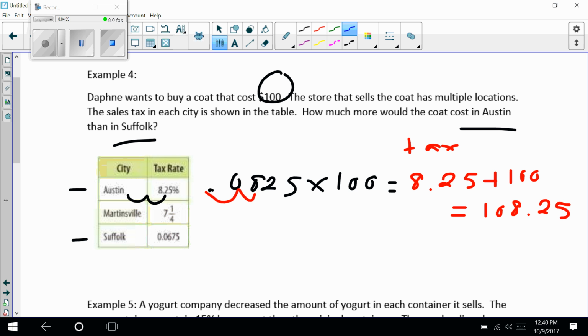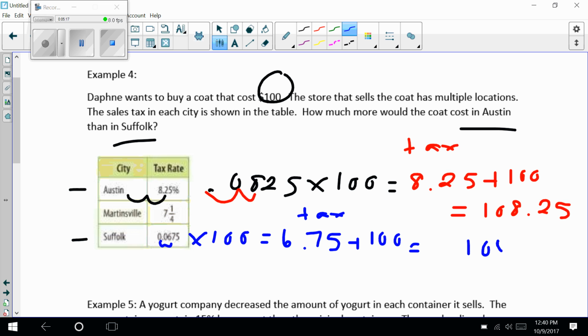Okay? So now, if I look at Suffolk, it is already in a decimal, so I can take that decimal and multiply it by 100, which means that my decimal place goes 2 places to the right. So my tax is $6.75. And I'm going to add that to my original cost of 100, and I'm going to get $106.75. Now, it wants to know how much more, so that tells me I'm going to subtract.